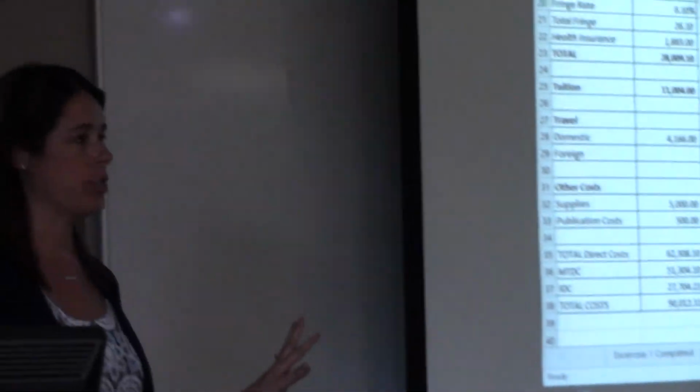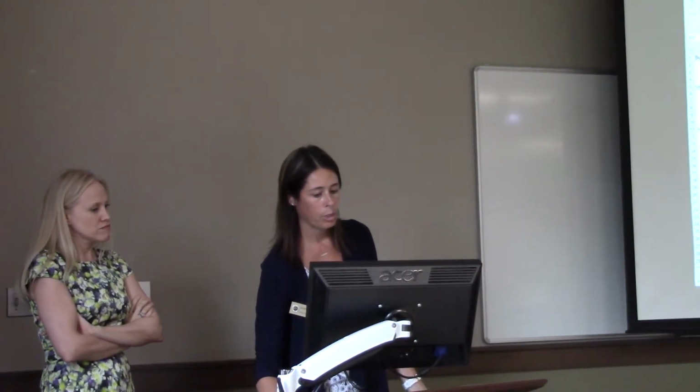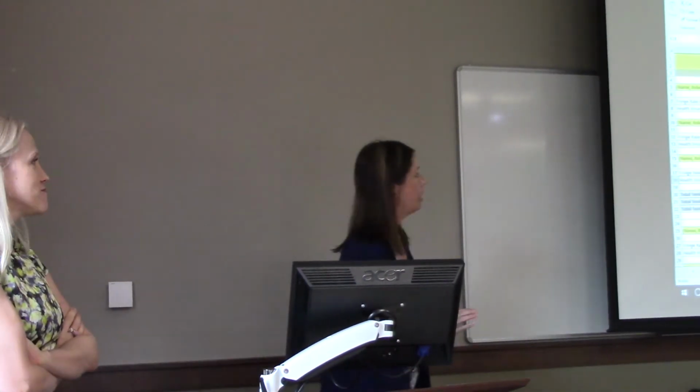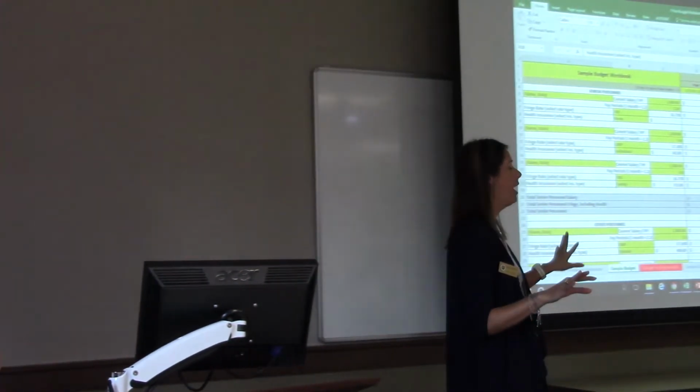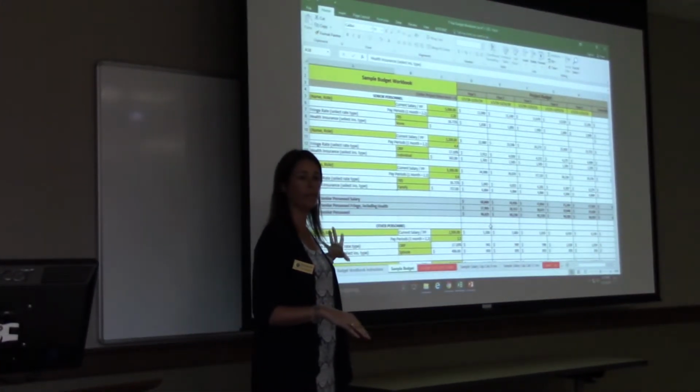So real quick, this is a very simplified format that I wanted to use for today to make sure that we can talk through the process. As I mentioned, we've built a budget workbook that can do a lot of this for you. I know it's kind of overwhelming to look at, but the yellow cells are all that you actually have to input data for.